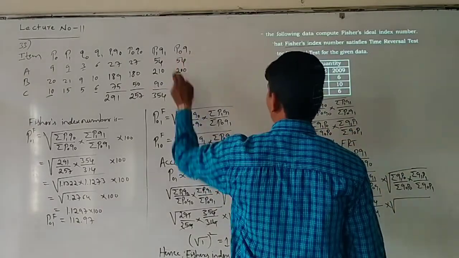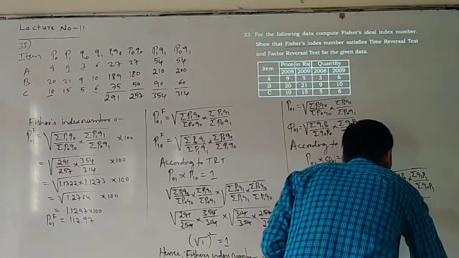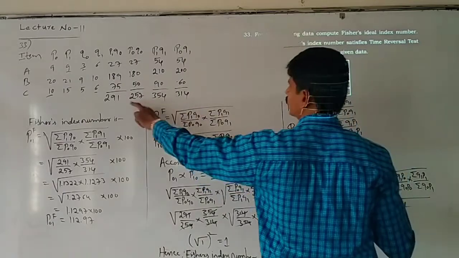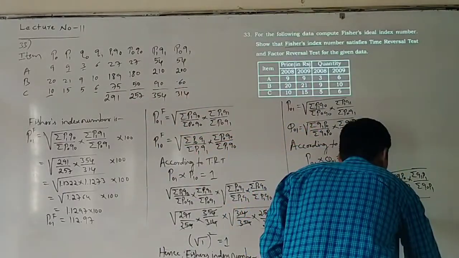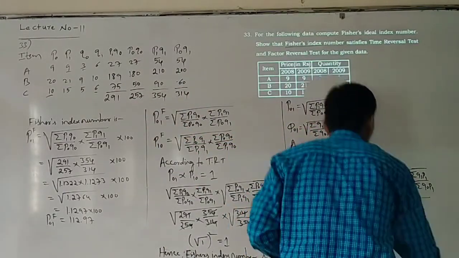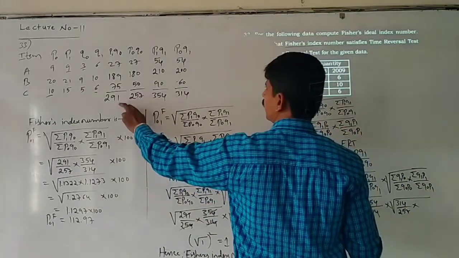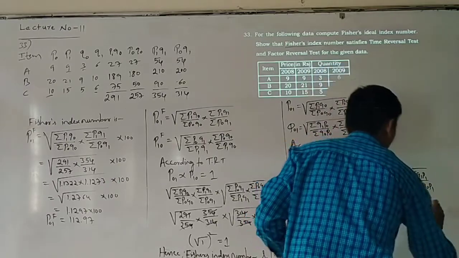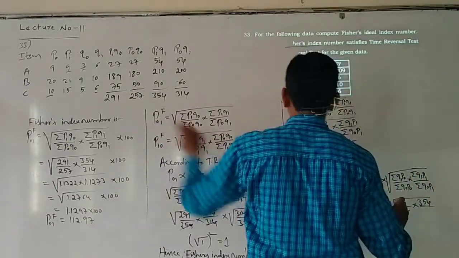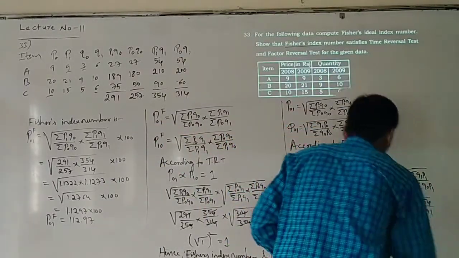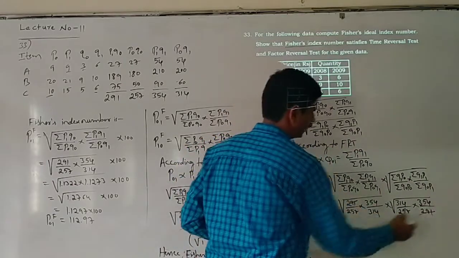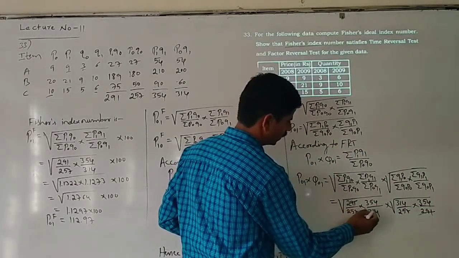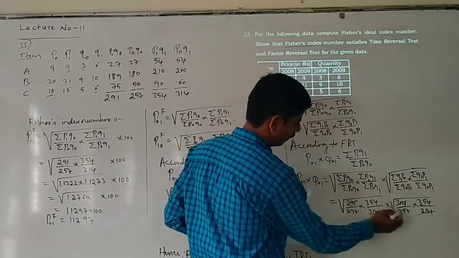Okay, Q1 P0 value is 314, Q0 P0 value is 257, into Q1 P1 value is 354, divided by Q0 P1 value is 291. Here 291 cancel. The next 314 cancel, 354 cancel.